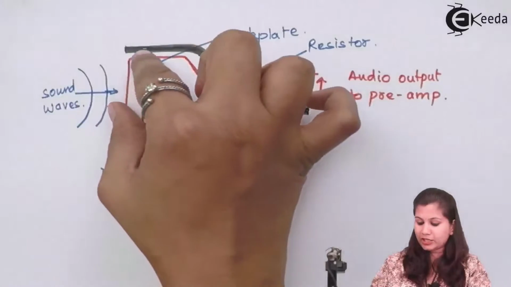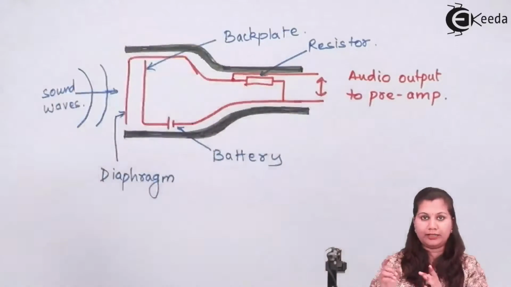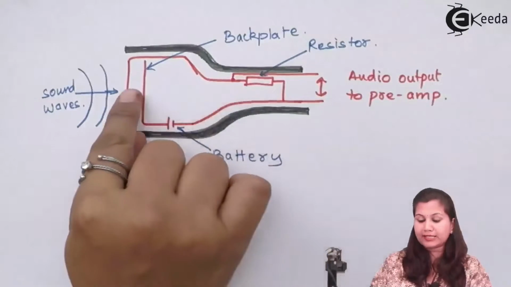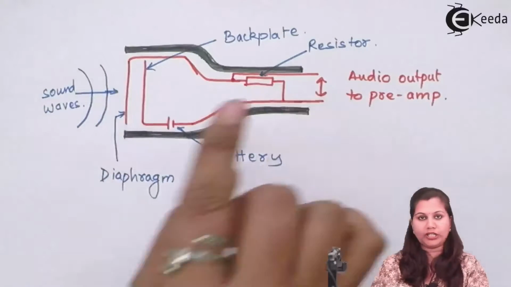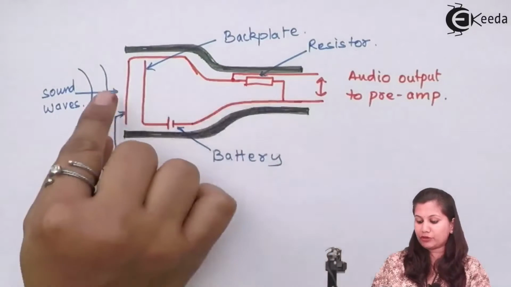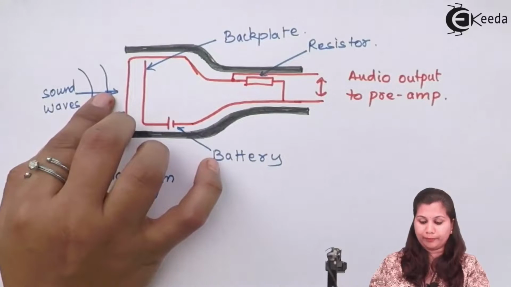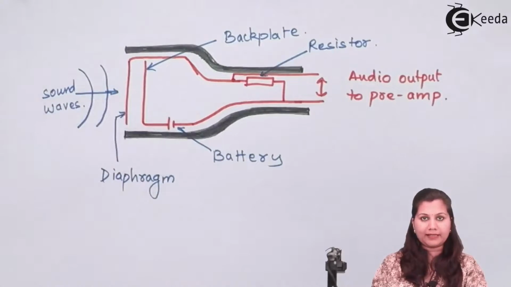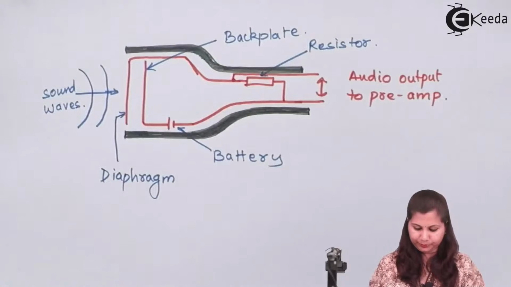We know that capacitance is related to the voltage. So as the capacitance changes, the voltage also changes, and that change in voltage is a measure of the sound waves. In this way, the capacitive microphone measures the sound.